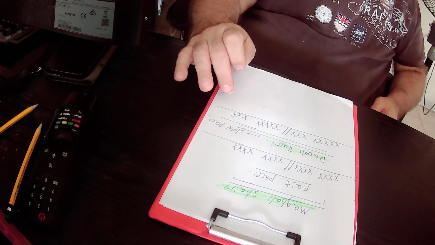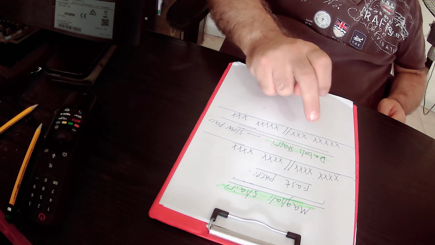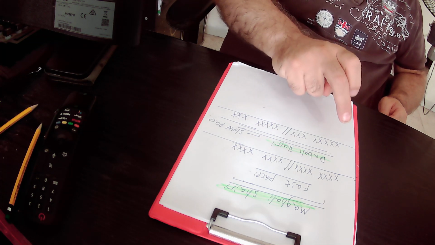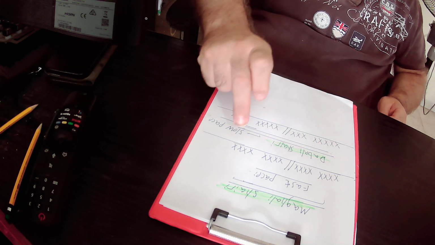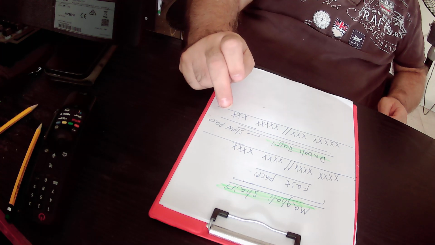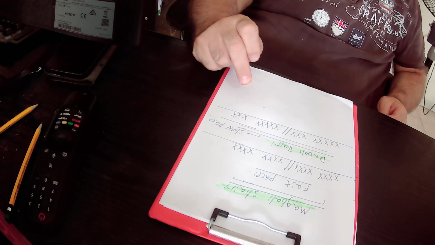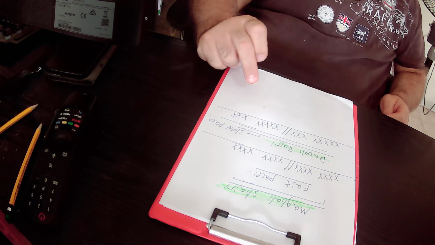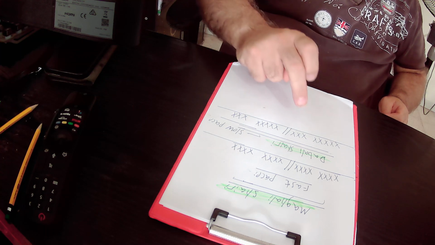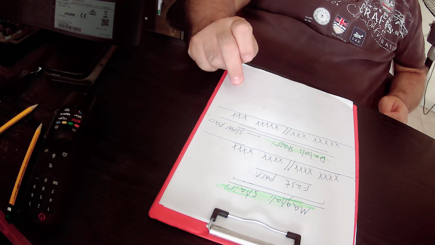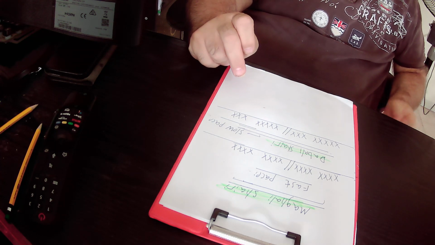When the pace of the plot is fast, then the structure of the 16 syllables will be 4 plus 4 plus 4 plus 4, and the rhyming will be on the last 2 syllables of the last word in each line, while if the pace of the plot is slow, then the structure of the 16 syllables in each line will be 5 plus 3 plus 5 plus 3, and the rhyming will be on the last 3 syllables of the last word in each line.